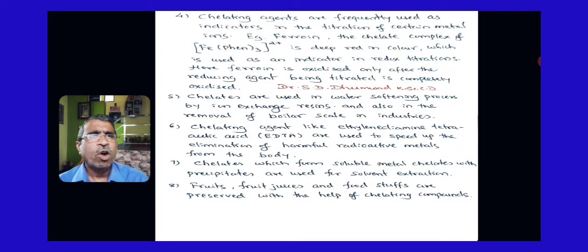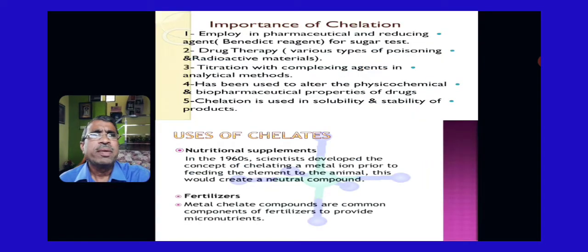Chelates, which form soluble metal chelates with precipitates, are used for solvent extraction. Fruits, fruit juices, and foodstuffs are preserved with the help of chelating compounds. So these are all some of the importance of the chelates.